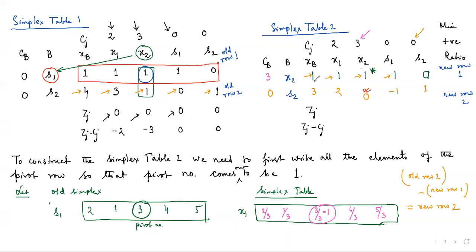So 3 into 1 plus 0 into 2, that is 3. I'm not calculating this one because below this I have written Zj minus Cj. Here also, it's not needed. 3 into 1 plus 0 into 2, that is 3. 3 into 1 plus 0 into 0, that is 3. 3 into 1 plus 0 into minus 1, that is 3. And 3 into 0 plus 0 into 1, that is 0.